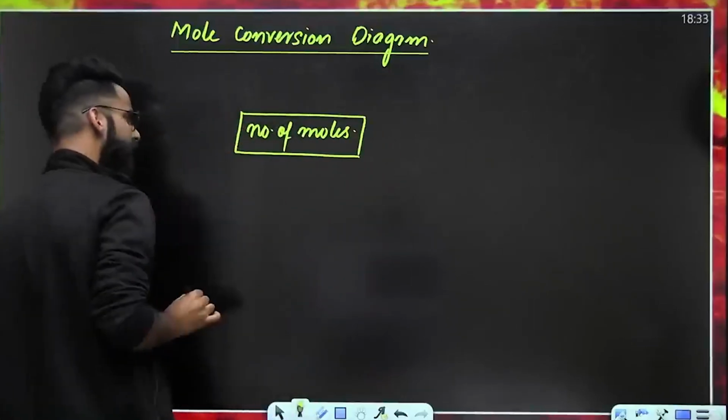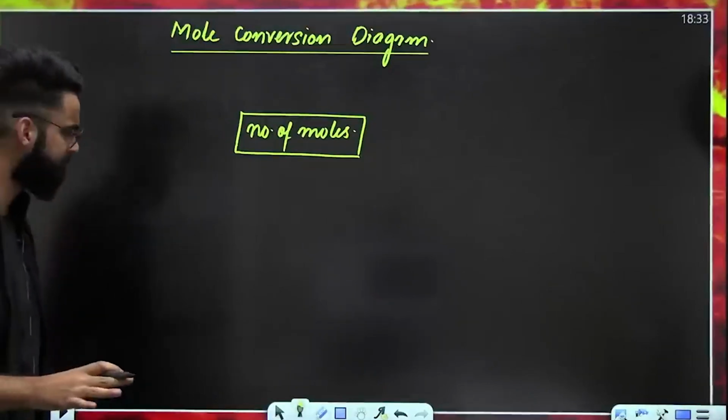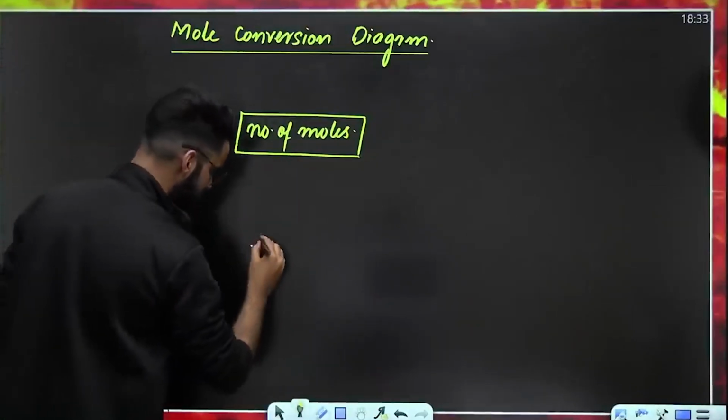Now, if you ask me how many ways are there to calculate number of moles of the substance, I'll say there are 3 ways.